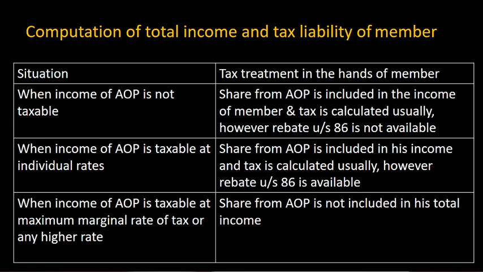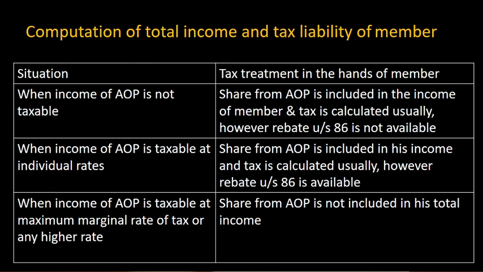Next. When income of AOP is taxable at individual rates, no problem, happy. So, what to do? AOP is taxed, then obviously the member will also be taxed. So share from AOP is included, right? Because the income of AOP is taxed at individual rates.